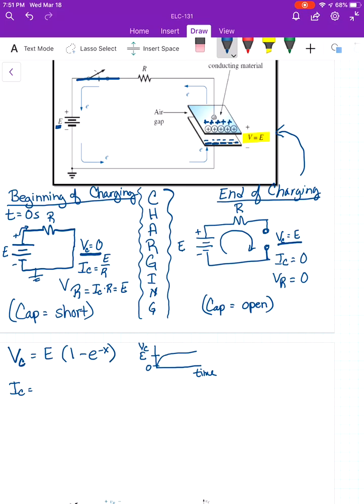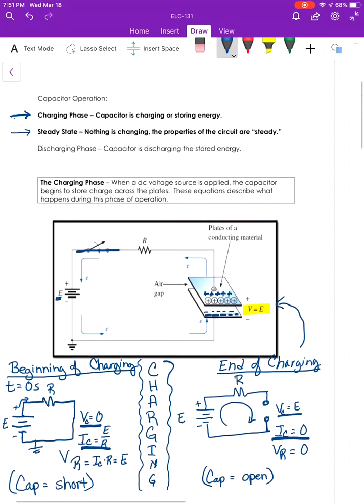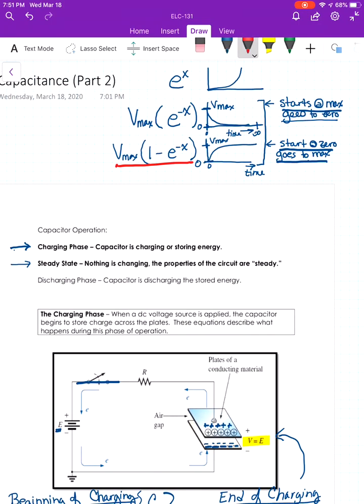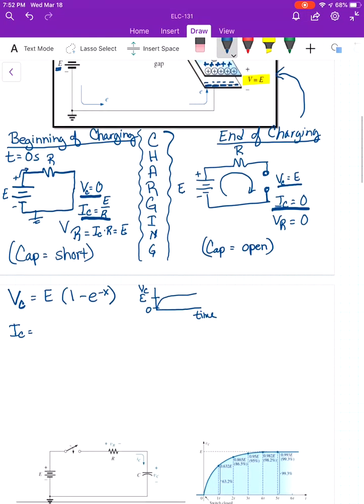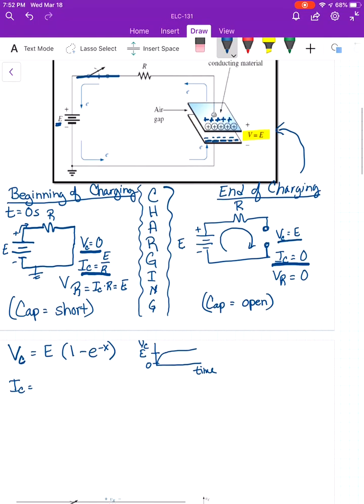Okay, and then let's look at what our current is doing. Our current, notice, is starting at E over R, and then at the end of the phase, it's actually 0. That's the other equation we talked about right here. Now, we're not going to use Vmax. We're actually going to use whatever the maximum current is.